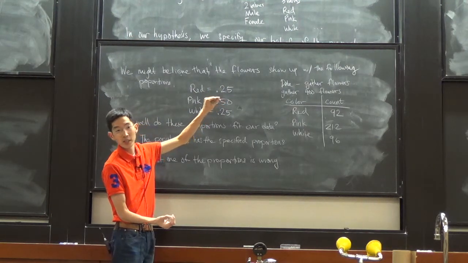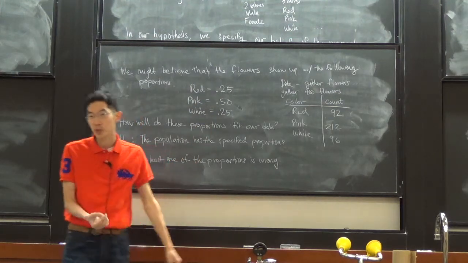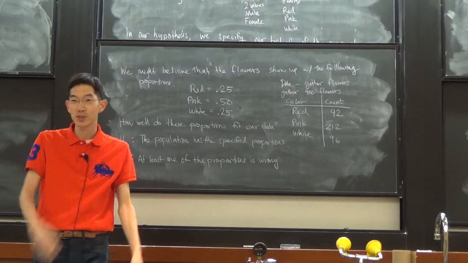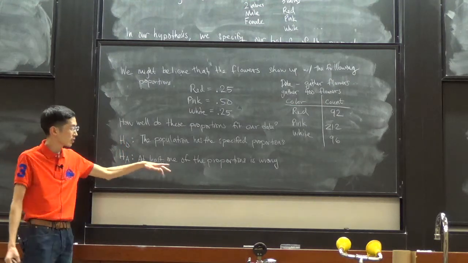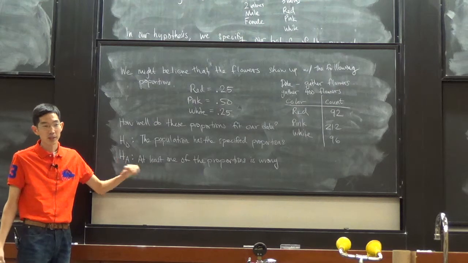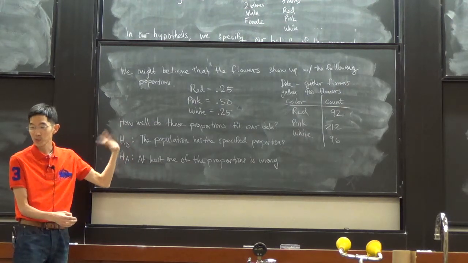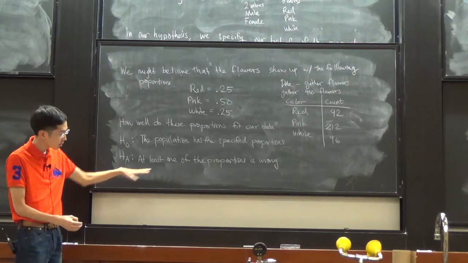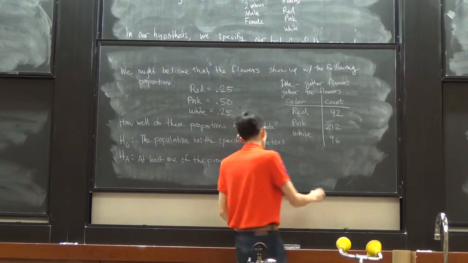We don't specify which one. So we're just saying at least one of the proportions is wrong. When you're not specifying which one is wrong and which one is big or small, it's going to be a non-directional alternative.